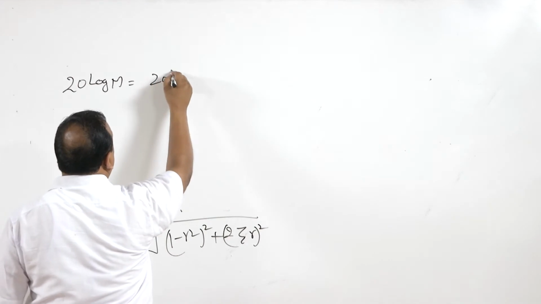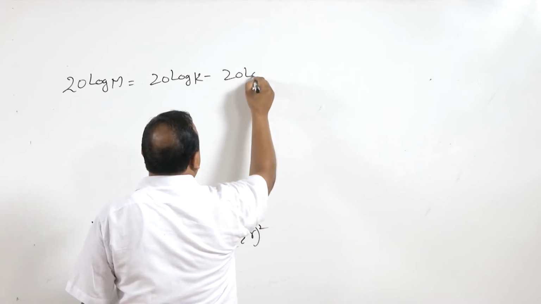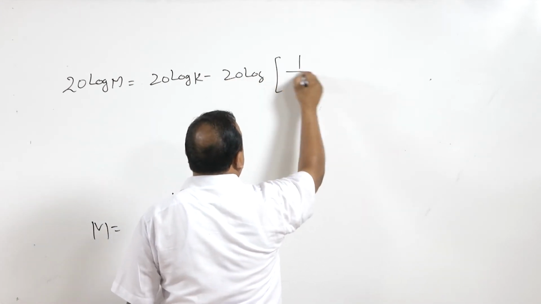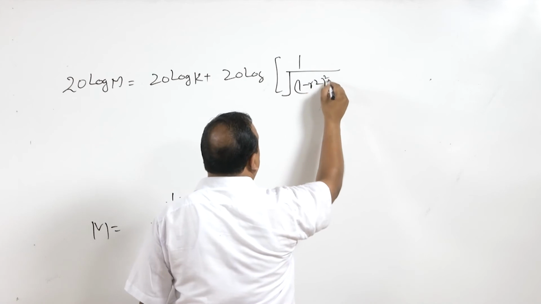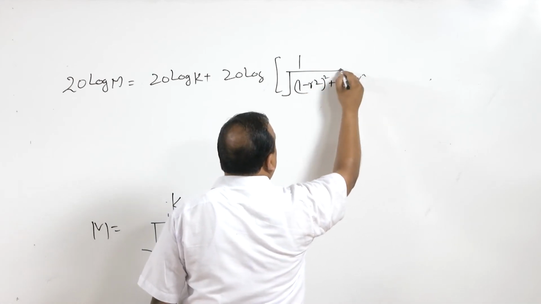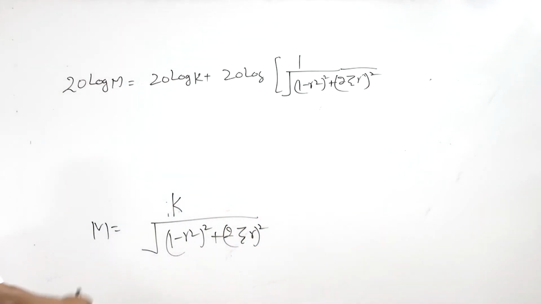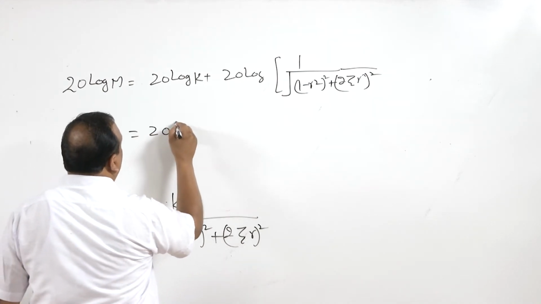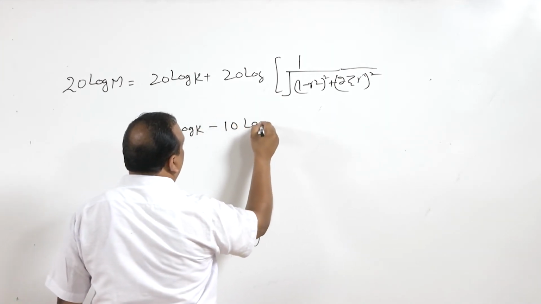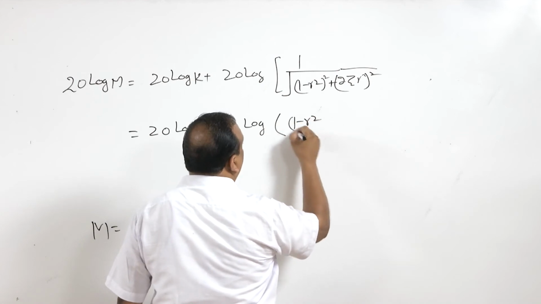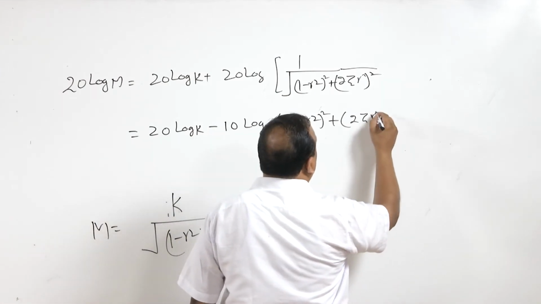So it is going to be 20 log k plus 20 log 1 by under root 1 minus r square whole square plus 2 zeta r whole square. If you further simplify this, we are going to get 20 log k minus half, so it is going to be 10 log of 1 minus r square whole square plus 2 zeta r whole square.